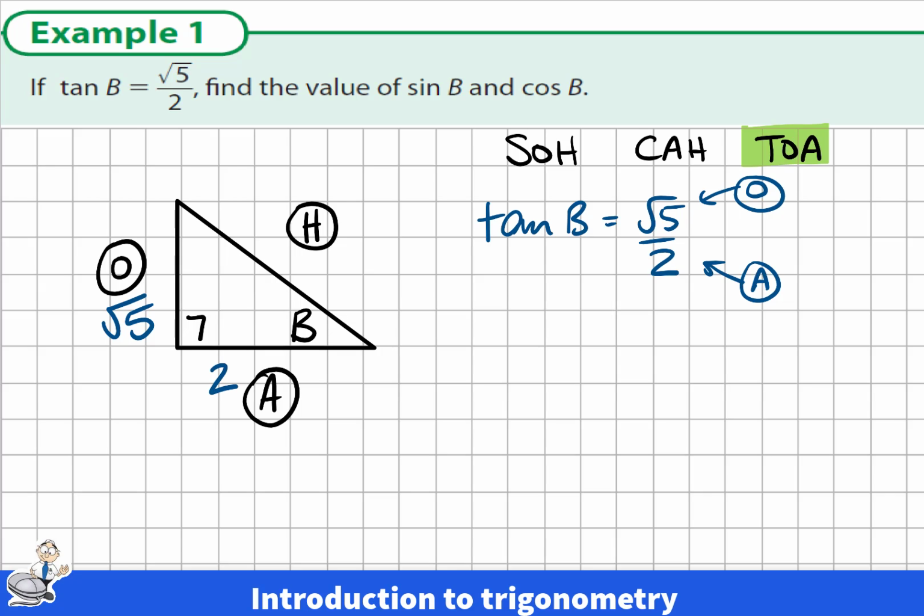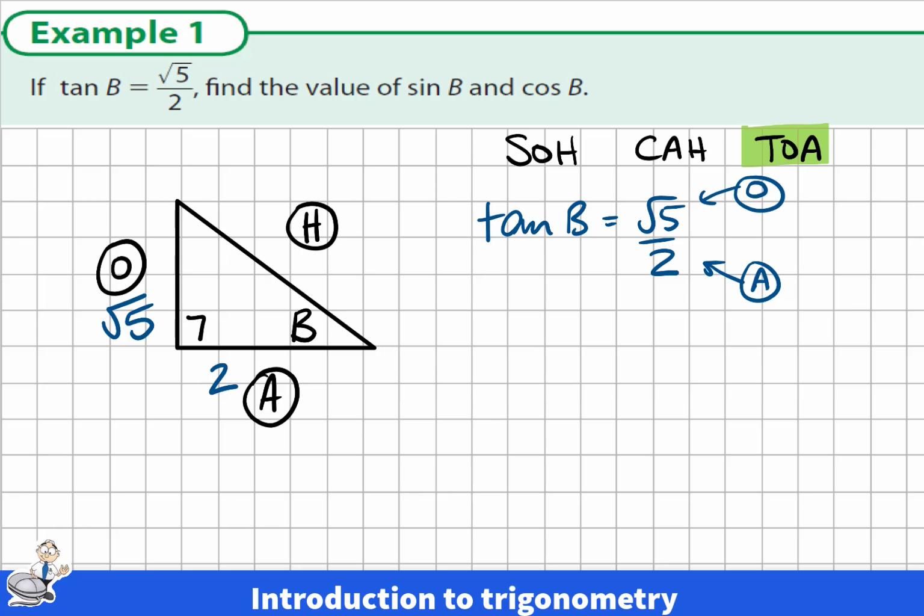Okay. To find sine and cos I'm going to have to know what the hypotenuse is. How could I find the hypotenuse here? Using Pythagoras' theorem, we could work out what the hypotenuse is. So we want the square on the two small sides added together to be equal to the square on the hypotenuse.